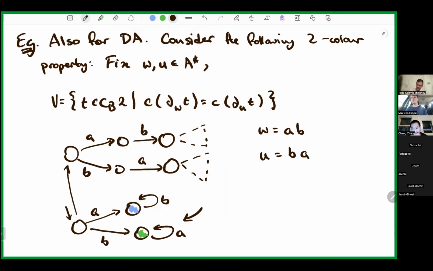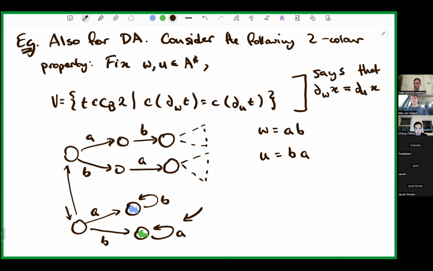So this coalgebra down here does not satisfy the coequation, because if you do AB and then you do BA, you land on different states. So you could pick a coloring where you just color those states differently. So this coequation says that if you take the path from X that follows the word W, it has to be equal to the state that you get from following the path U. So if you use colors, you can actually start talking about state equivalences, which is very cool.